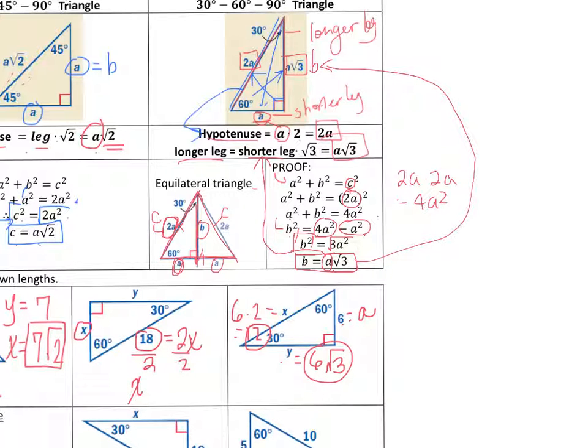So x is 9. And when I know what the length of my shorter leg is, I could take 9 and multiply by the square root of 3 to get the length of y. So 9 square root of 3 and 9 are my answers.